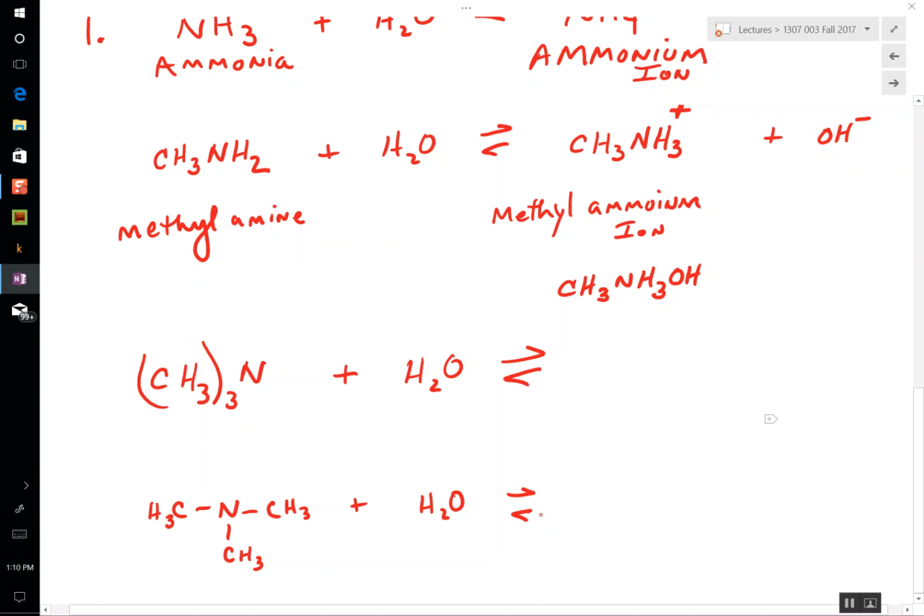The whole compound, or the whole molecule? Yeah. Oh, okay. You're right. 10. We'll only get one more hydrogen right there, right? But we had 9 hydrogens to begin with. 10 hydrogens. And what charge? +1 charge.